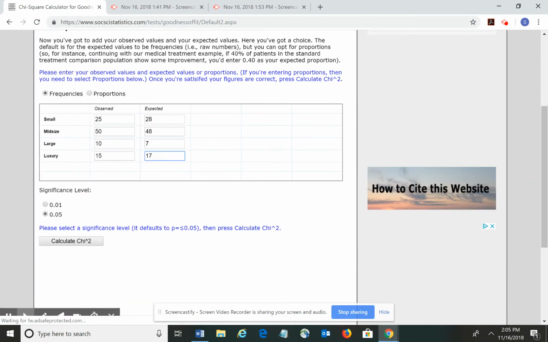That button's already selected. And then you calculate.